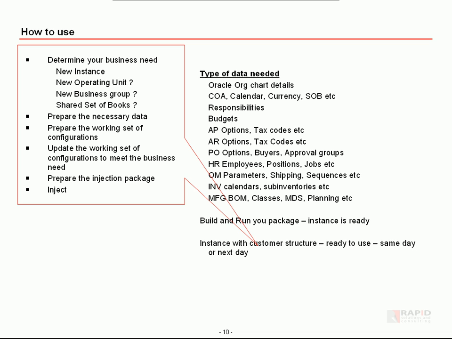It's going to be attached to an existing business group, for example, an existing inventory master, and an existing chart of accounts. You need to know those details, and those details need to be changed in your working configurations. How they're changed we'll cover later. Once that's done, then basically we're going to let the tool prepare a package, an injection package, and we're going to inject.